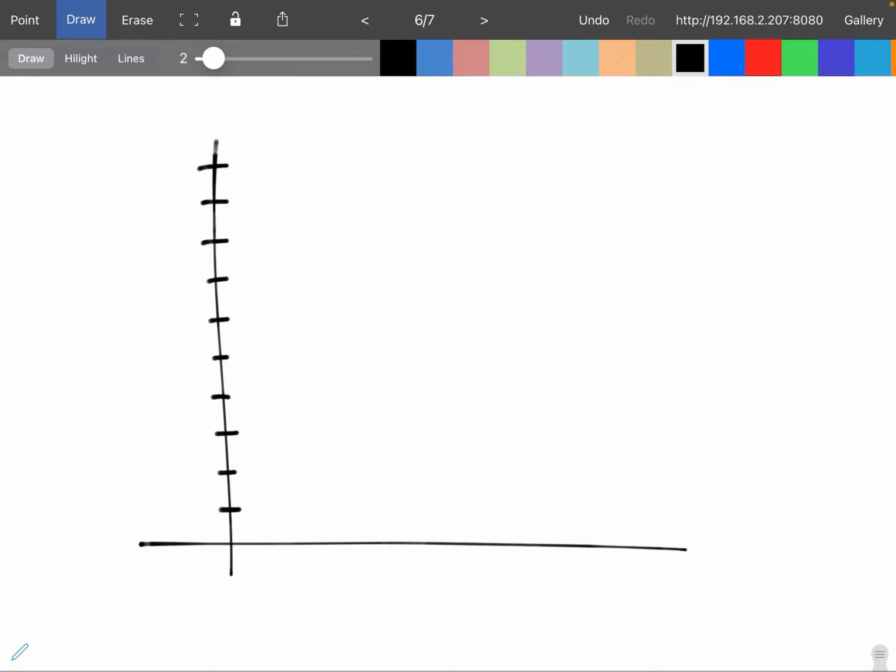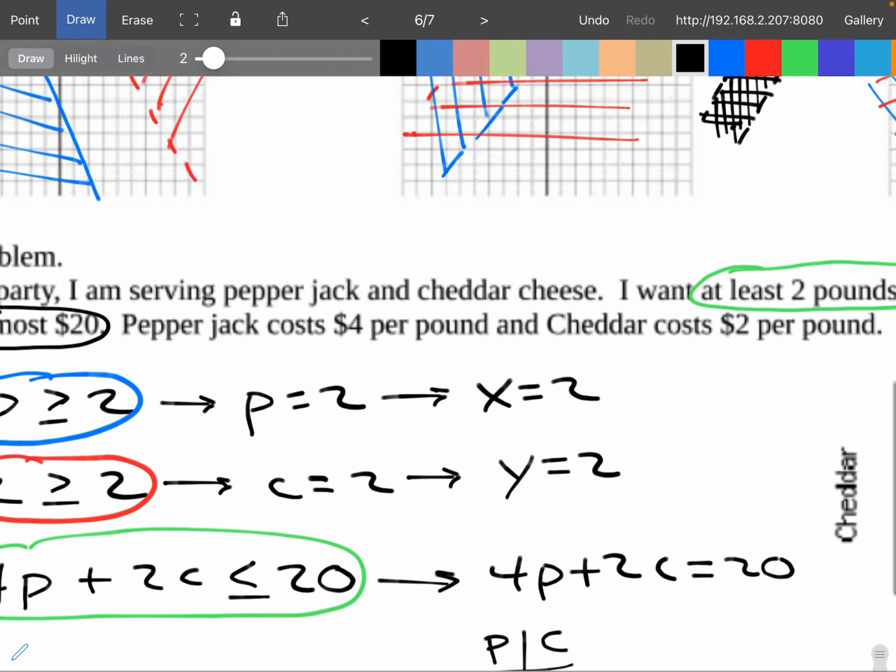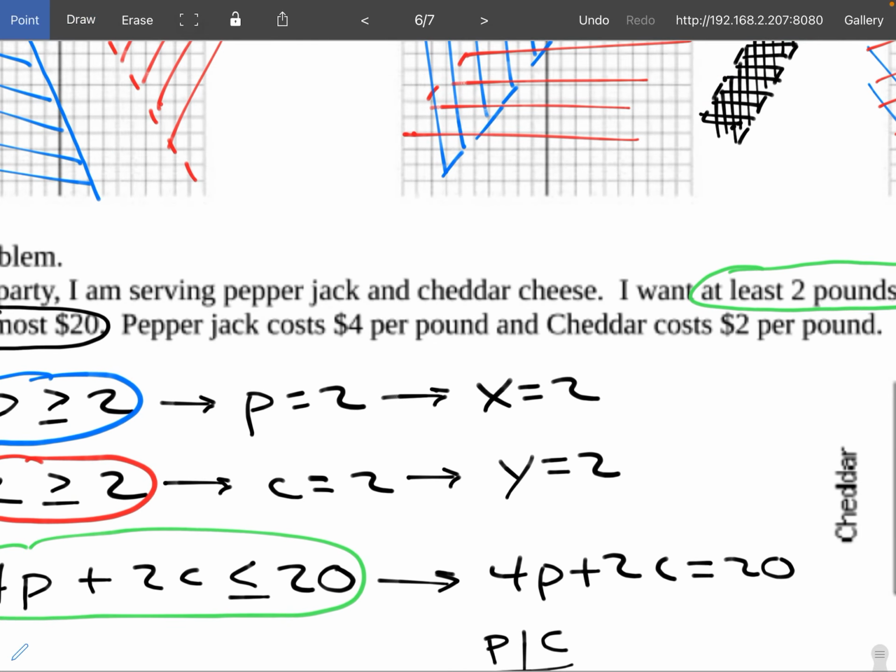And then taking a quick look at what kind of coordinates I need here. I need to get to 10 on the y-axis, and I need to get to at least 5 here on the x-axis. So I think I'm going to draw my own grid on this one. Let's draw this thing. Let's see if I can draw this halfway decent. So we need a grid here, something like this. We got to get up to 10.